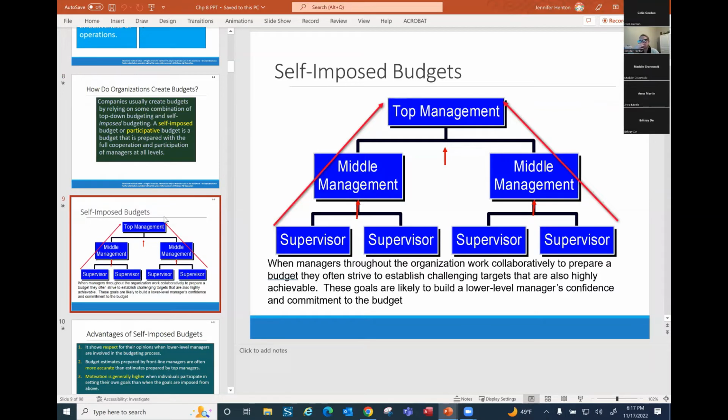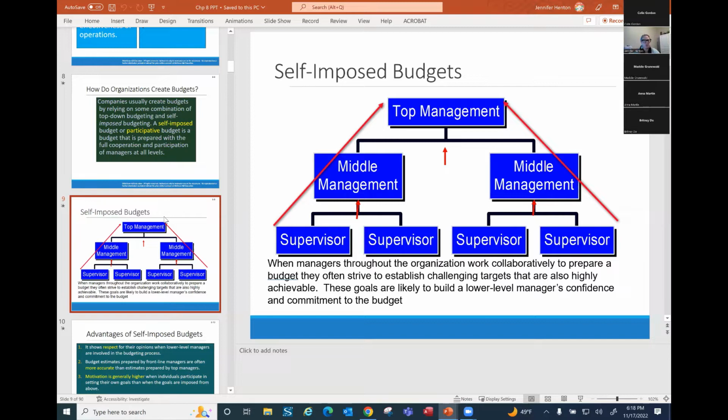Okay, so this could be how it looks. You have your top management, your middle management, and your supervisors. So there's usually some kind of tiered format of the organization. In a plant setting, you have those project managers or plant managers, and you may have different departments within the plant.